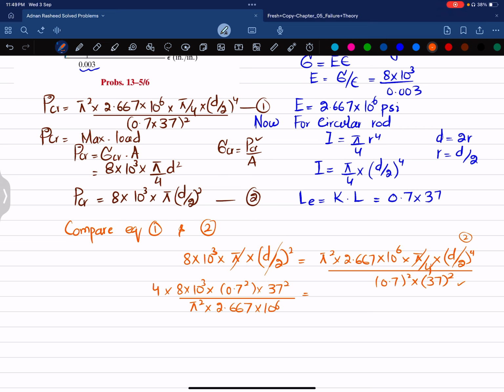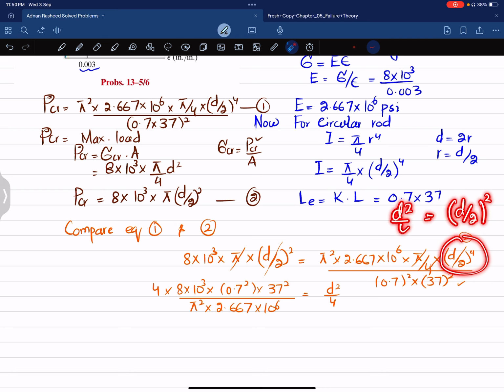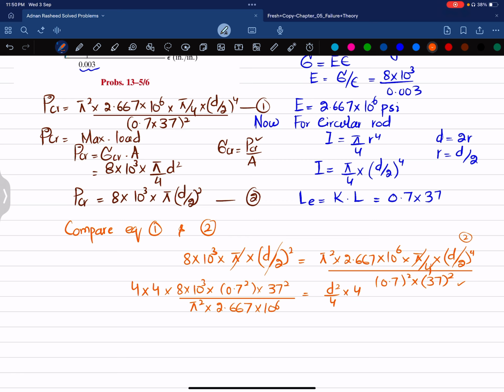Similarly, we will be left with d square over 4, because d divided by 2 whole square gives d square over 4. If you multiply 4 on both sides, d square will be equal to 4 multiplied by 4 multiplied by 8 into 10 raised to power 3 multiplied by 0.7 square multiplied by 37 square, divided by pi square multiplied by 2.667 into 10 raised to power 6.